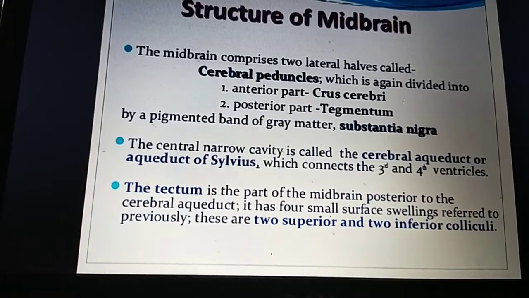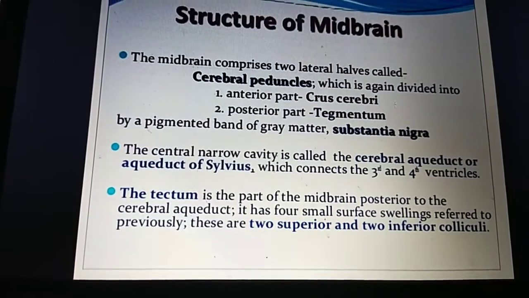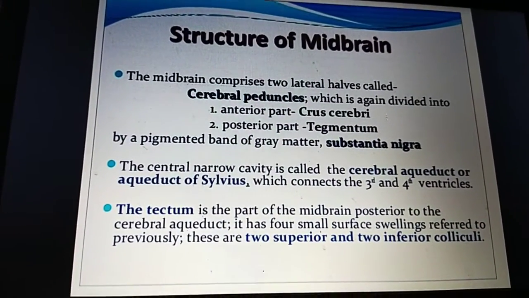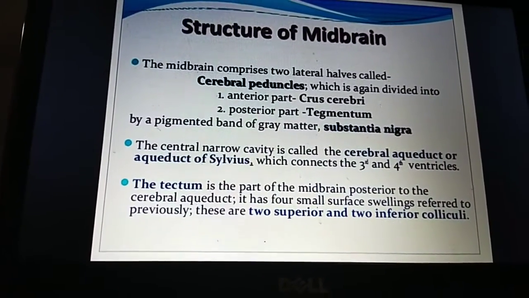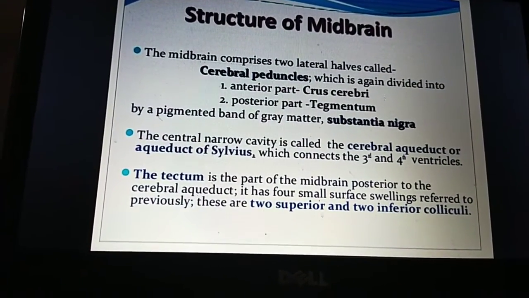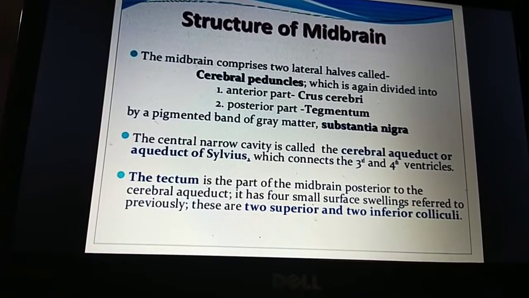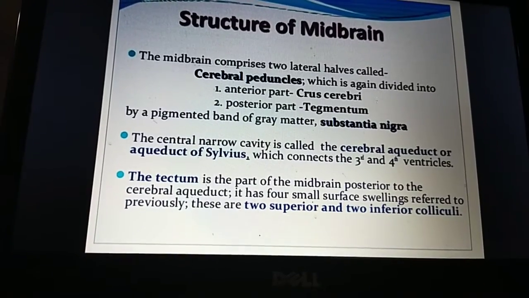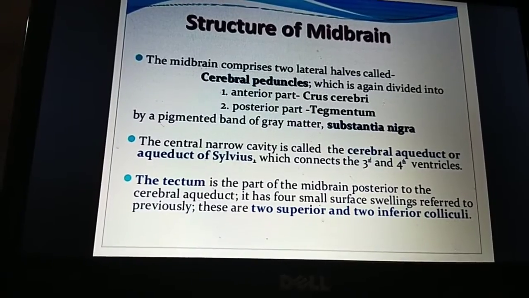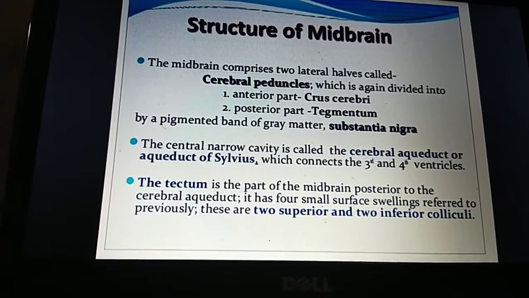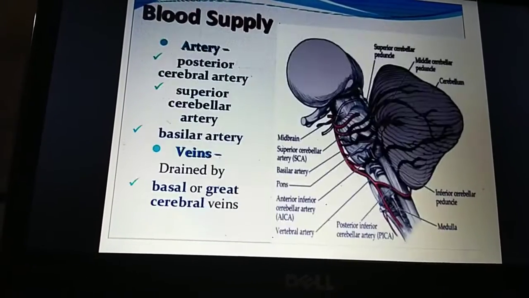The anterior part is the crus cerebri and the posterior part is the tegmentum, separated by a pigmented band of grey matter called the substantia nigra. The central narrow cavity is called the cerebral aqueduct, or aqueduct of Sylvius, which connects the third and fourth ventricles. The tectum is the part of the midbrain posterior to the cerebral aqueduct. It has four small surface swellings, the two superior and two inferior colliculi mentioned previously.